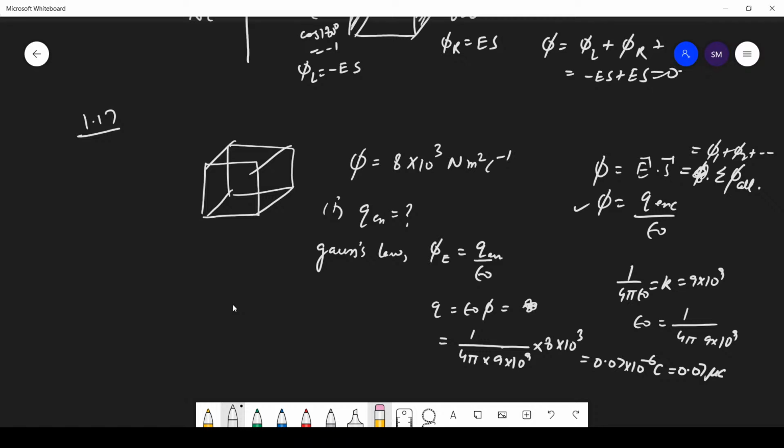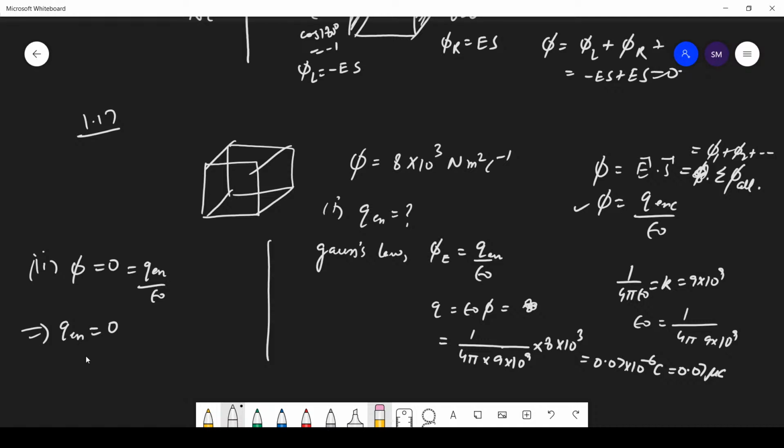Next is, if the net outward flux through the surface of the box were 0, could you say that there were no charges inside the box? So the second part of this question is that outward flux is equals to 0. It means charge enclosed is equals to 0.